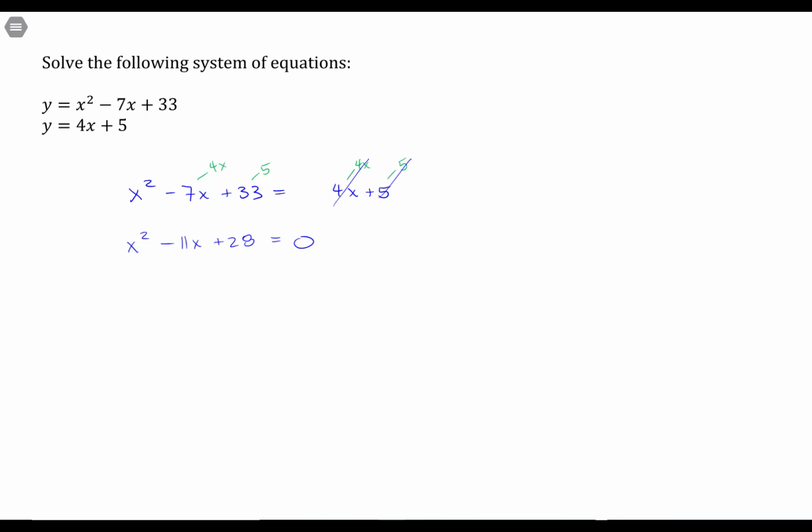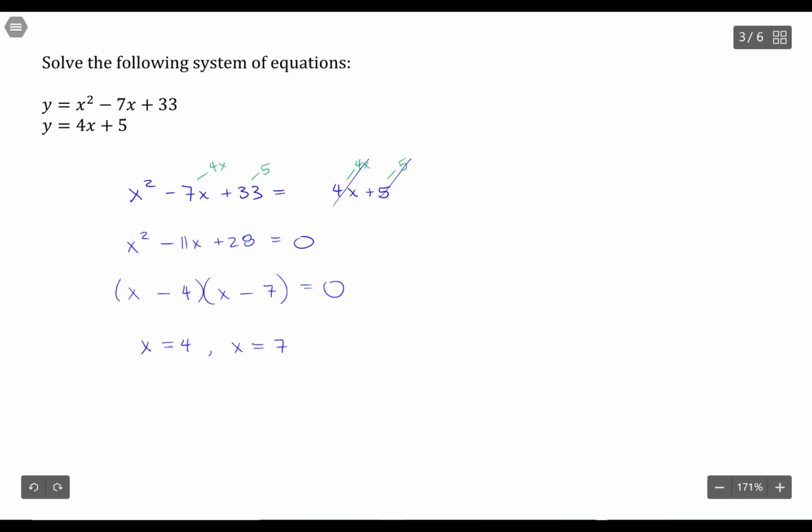All right, so this should factor. Let's see. So x and x, 4 and 7 multiply to 28, and if they're both negative, then that would be a positive 28, but still add to negative 11. So that's perfect. So that means I have x equals 4 and x equals 7 as solutions.